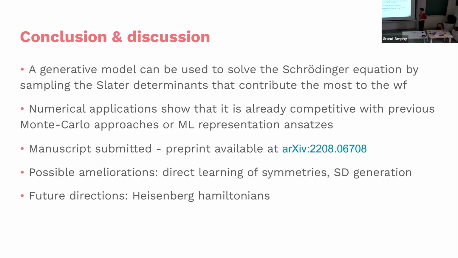In the future, I could envisage directly learning the symmetry, for example the spatial symmetry or the spin symmetry, and changing the single and double generation algorithm, because there are a lot of ways to do that. This was devised for configuration interaction algorithms, but it is also very suited to treat, for example, the Heisenberg Hamiltonian.